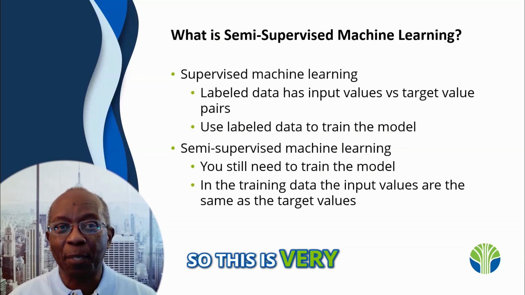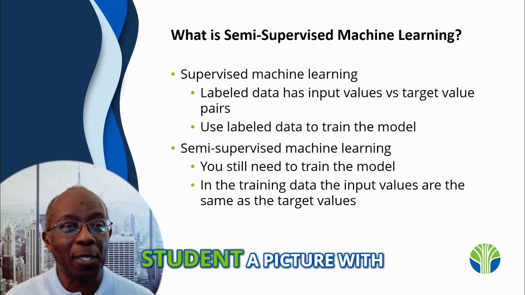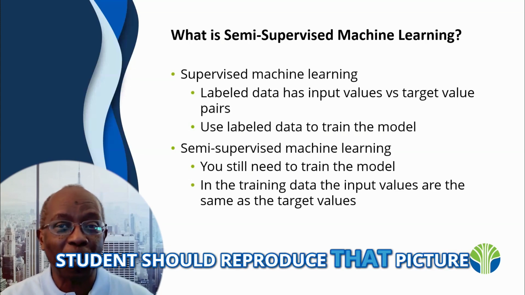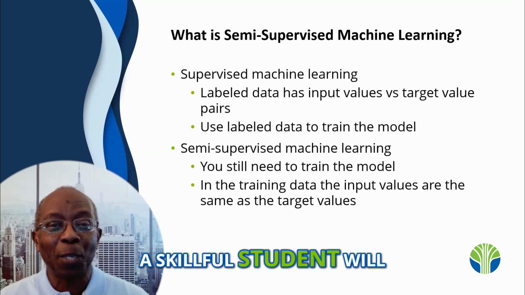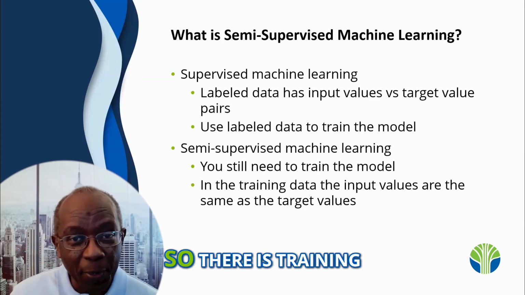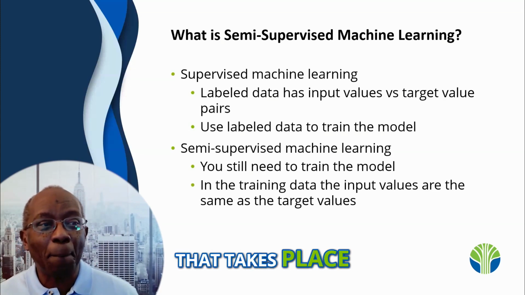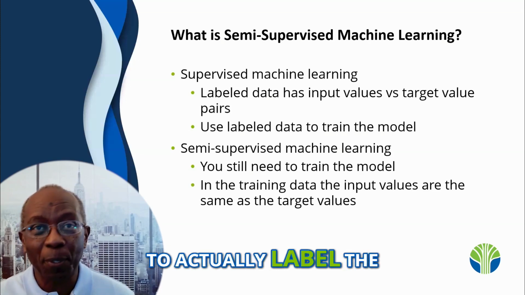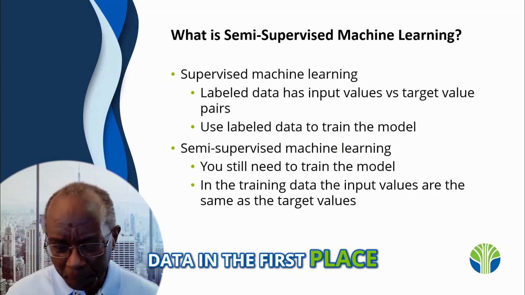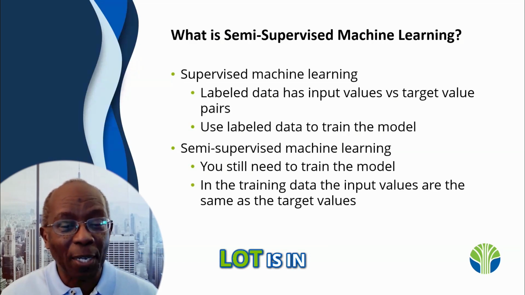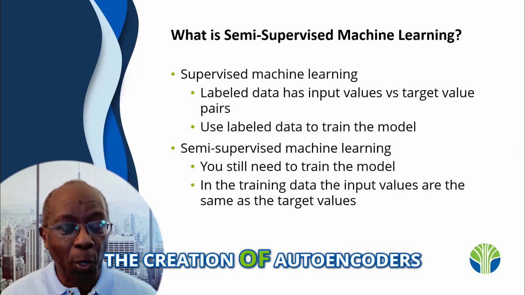So this is very similar to showing a student a picture with the intention that the student should reproduce that picture. A skillful student will be able to reproduce the picture that you gave them. So there is training that takes place, but you don't have the need for humans to actually label the data in the first place. One place where we have semi-supervised learning happening a lot is in the creation of autoencoders.